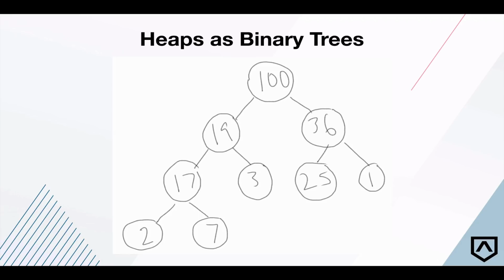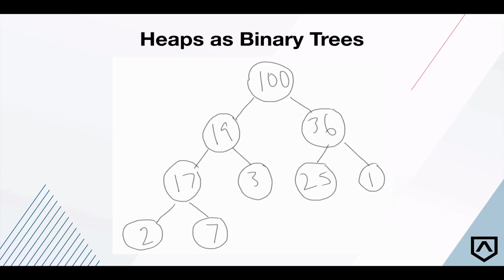Looking down at 19, it has children 17 and 3, and both of those values are less than 19, so we're still good. 36 has the children 25 and 1, both of which are less than 36, so our rule still holds. And then lastly, 17 with its two children of 2 and 7. Both of those are less than 17, so that's good. And so this heap is entirely valid.